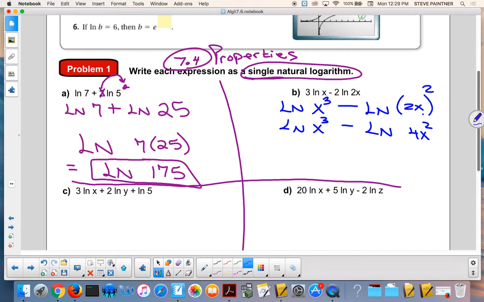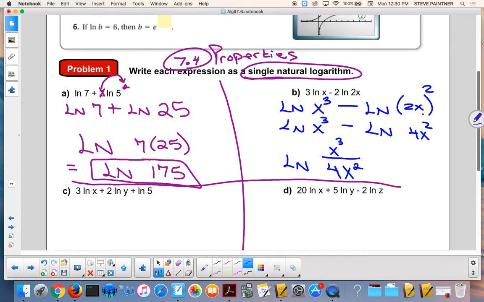Are you okay? All right, now you got a natural log minus a natural log, which could be 1 natural log of what? x cubed over what? 4x squared.